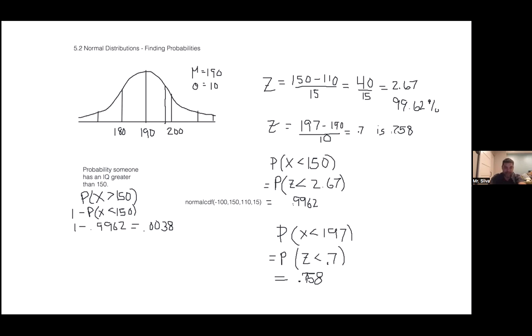That doesn't make sense. So I need a number much greater than 150. I'm going to do like 200 or 300 or 1,000. Let's use 1,000. The mean IQ is 110. Standard deviation for IQ was 15. And that should give me the 0.0038.